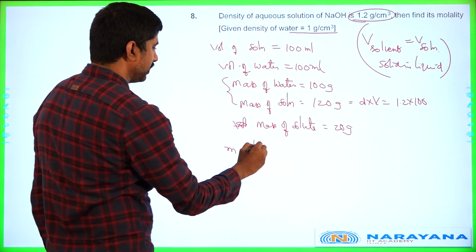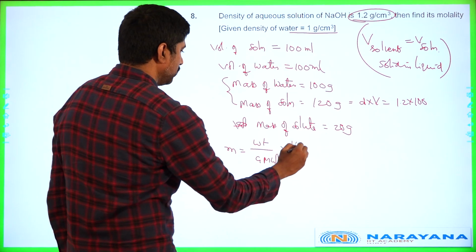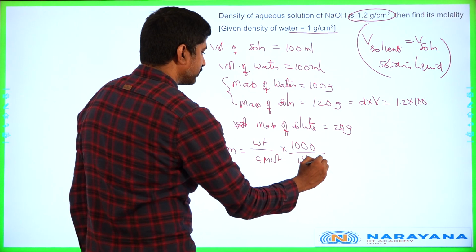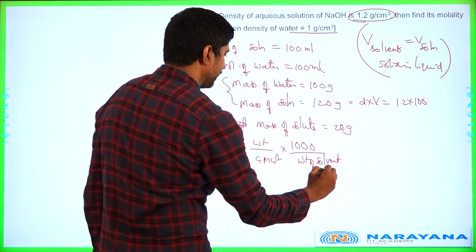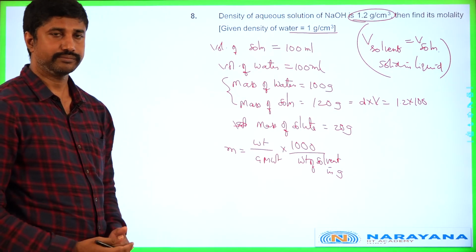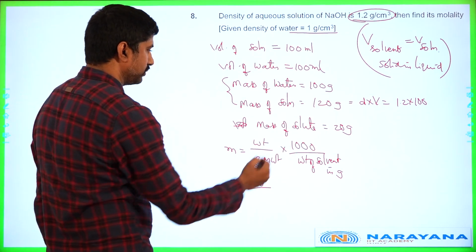So molality is equal to weight by gram molecular weight into 1000 by weight of solvent in grams. So molality they are asking. So weight of solute, how much we got? Approximately here 20.